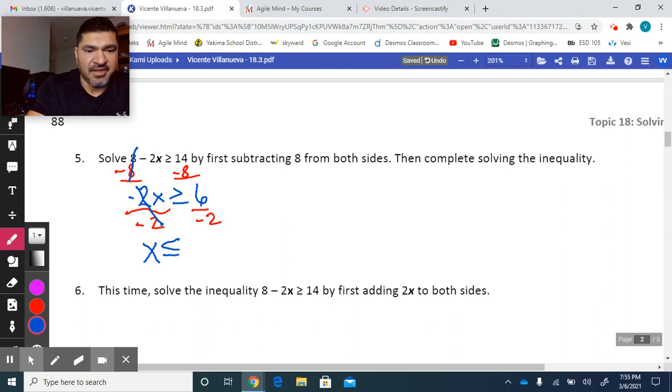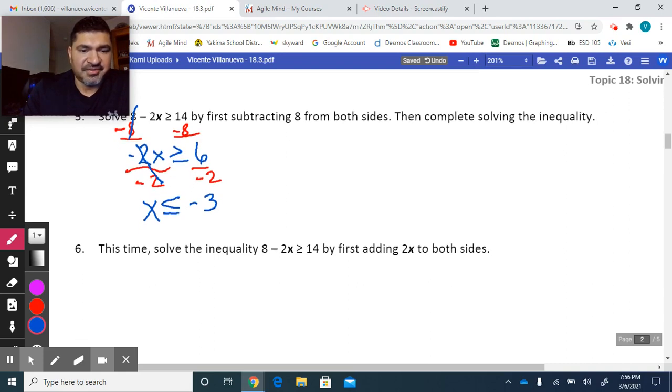And 6 divided by negative 2 is negative 3. Okay, so that's the most important part on this lesson so far: when you multiply or divide by a negative, you have to flip this sign. The symbol's no longer going this way, it flipped, it changed.